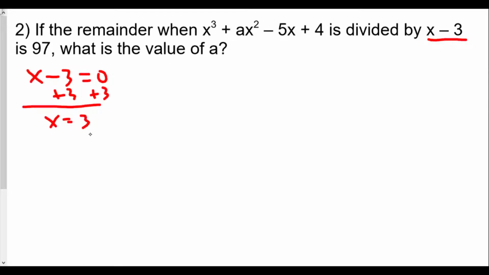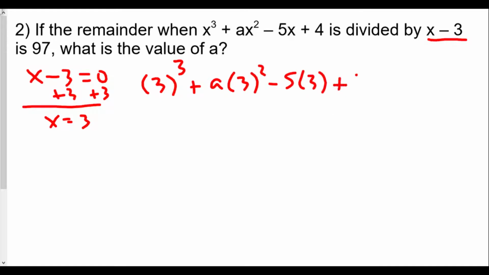And we still plug in 3 whenever we see x, so 3 cubed plus a times 3 squared minus 5 times 3 plus 4. But we're told the remainder is 97.